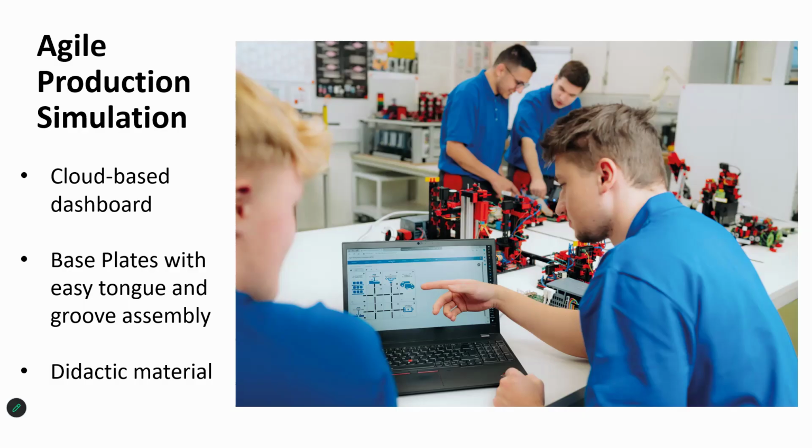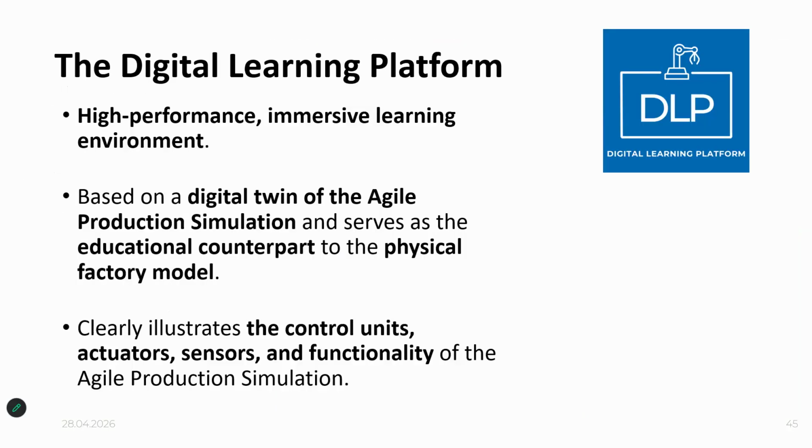Now, speaking of these didactic materials, I want to again go back to the digital learning platform that I touched upon earlier, or that was touched upon earlier in the video segment. The digital learning platform is a high-performance, immersive learning environment and is based on a digital twin of the Agile Production Simulation.